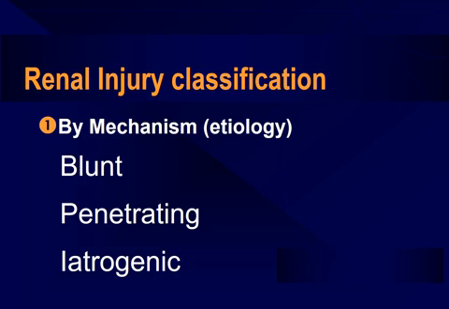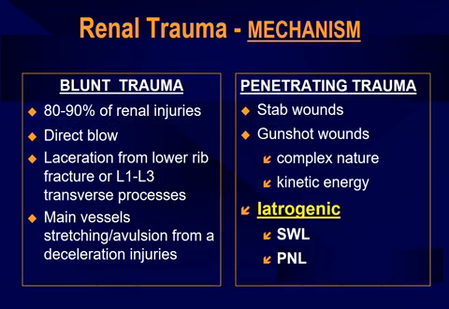Renal trauma is classified either by the mechanism, which is actually an indication for the etiology, into blunt trauma, penetrating trauma, or iatrogenic trauma, which is done during surgery. Some examples in this slide for the blunt trauma.